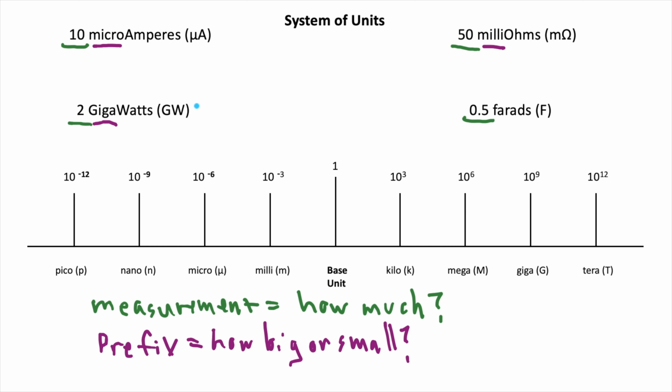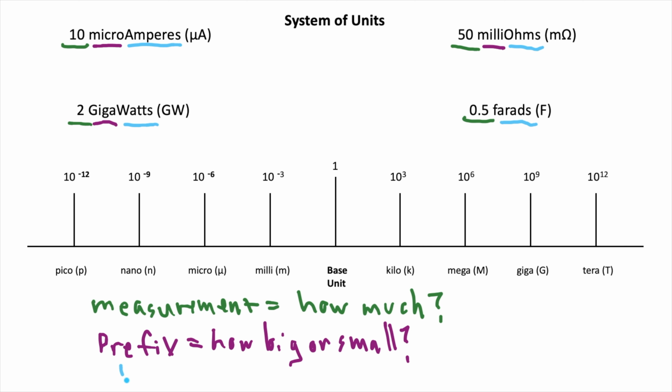And finally, here we have the unit. So the unit tells us what we are measuring. So we are measuring amperes or amps. We are measuring ohms. We are measuring watts. And we are measuring farads.